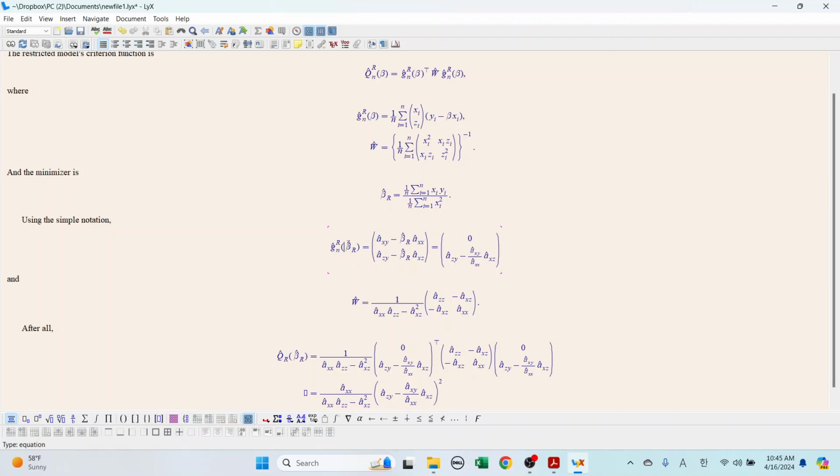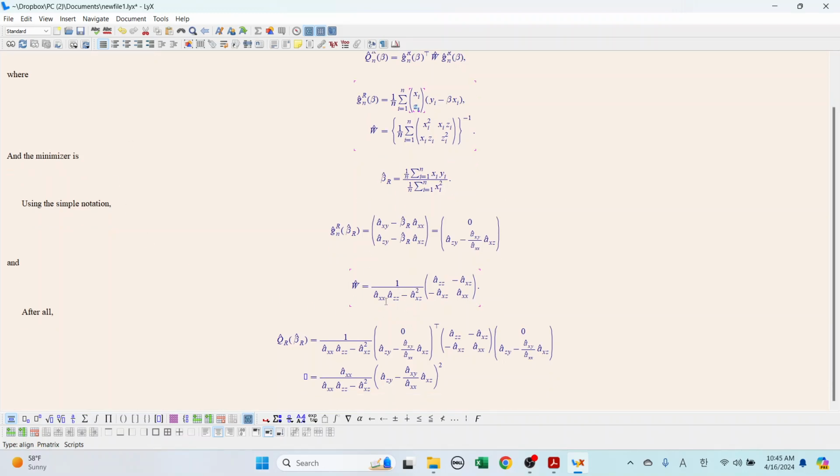So when you evaluate the beta at the minimum, then it will be 0. And the second one involves z, so it does not go away. So we still have something here. And the W requires inversion. We can do that 2 by 2 using the simple notation. You may write this as xx times zz minus xz squared, and zz here, xx here, and minus there.